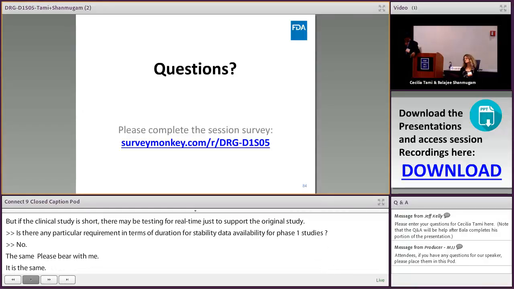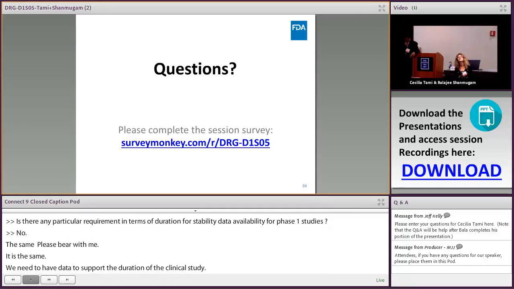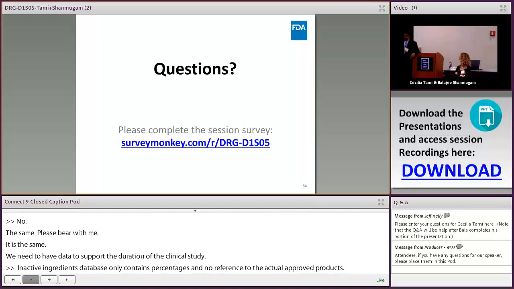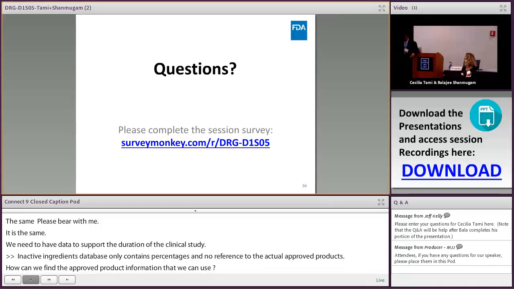The inactive ingredients database only contains percentages and no reference to the actual approved products. How can we find the approved product information that we can use? One way you would know is when you send the IND, we would respond saying this is not qualified. But you can certainly touch base.